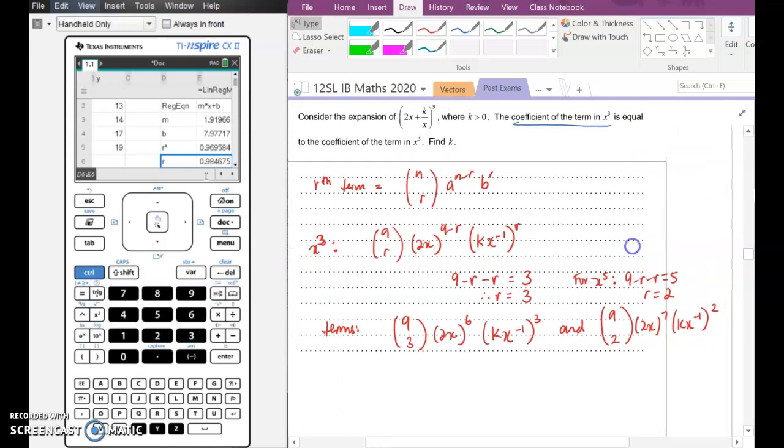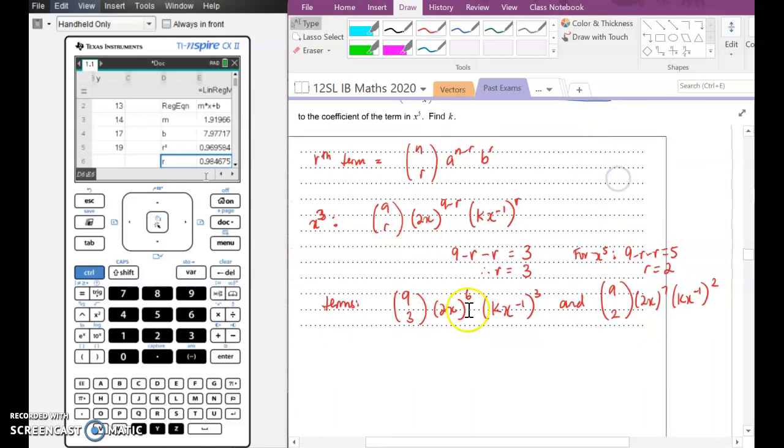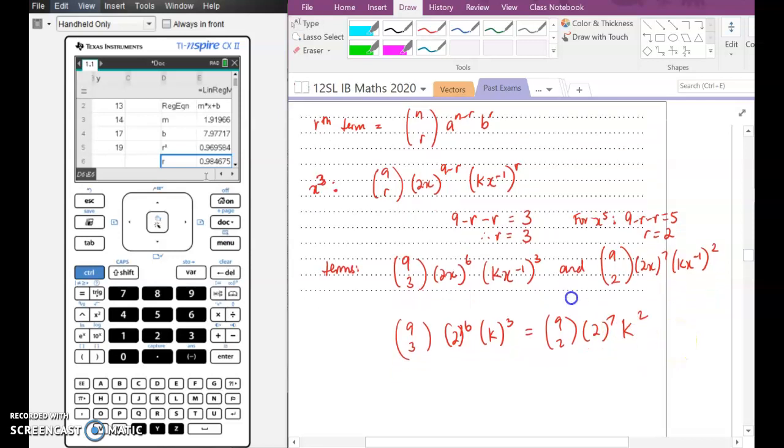Now it says the coefficients of them are equal. So if I were to just take the numbers out and ignore my x's, it means that this coefficient equals this coefficient. You'd use nsolve and you actually get k equals 6 over 7.